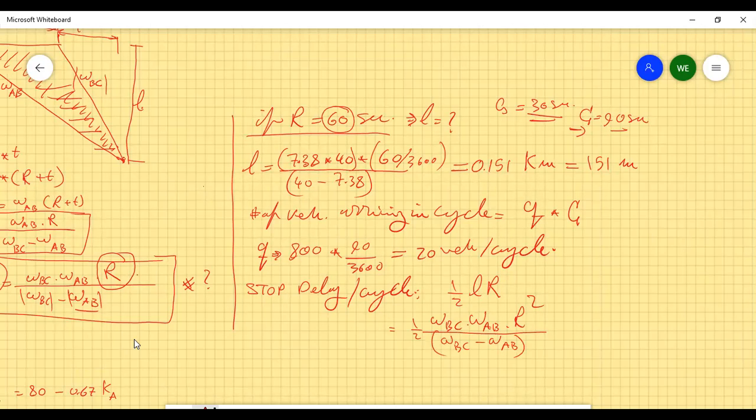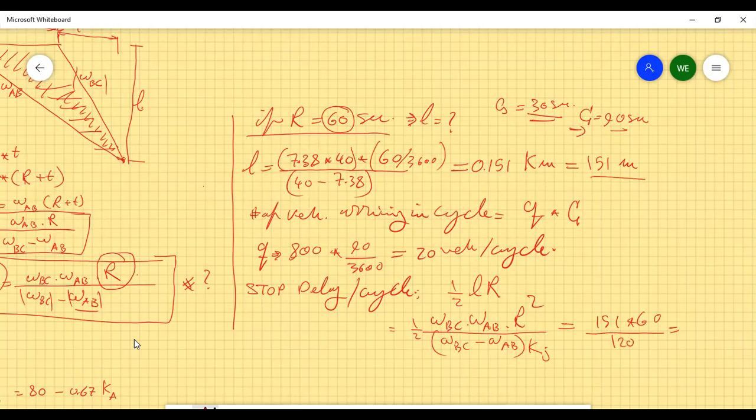Divided by, this will be in seconds, correct? Or what would that be in? This is meter. So we need to divide it by K jam to convert it into time per vehicle. So here will be 151 multiplied by 60 divided by K jam, which is 120.